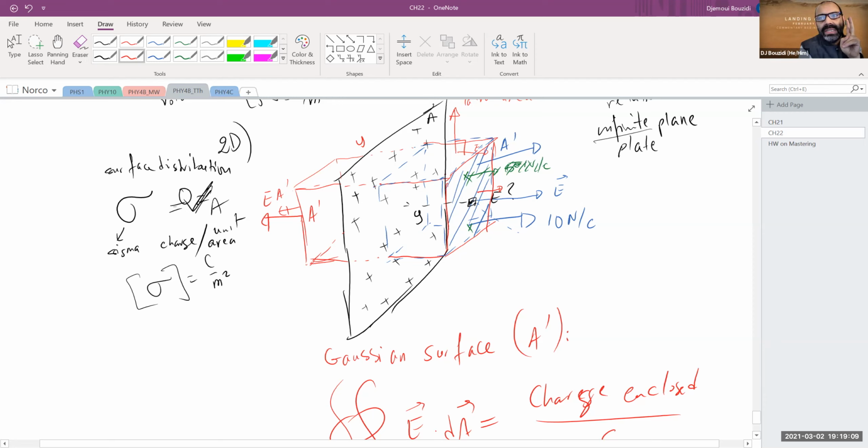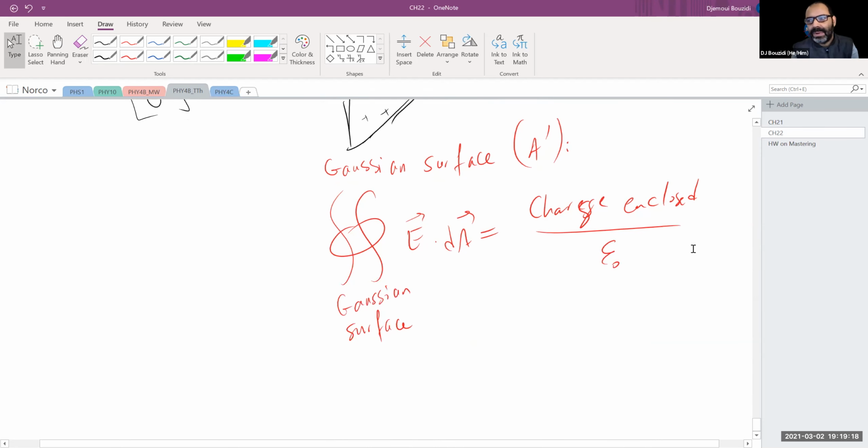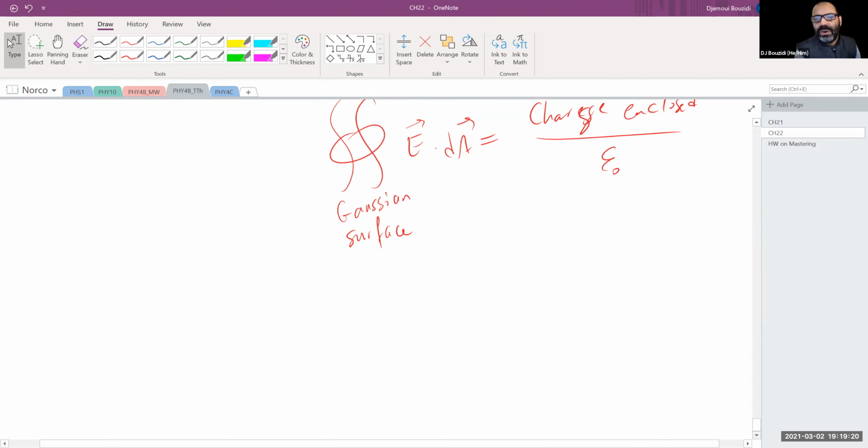And because the electric field is the same everywhere in here, I'm going to take it out of the integral, and all I'm doing is multiplying by the area, because when I sum through the area, I'm going to get the area, which is exactly A prime. So from the two frontal surfaces, and there are 2 of them, by the way, plus the lateral surface.